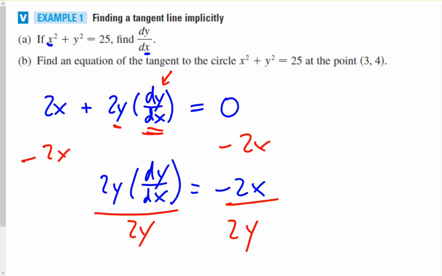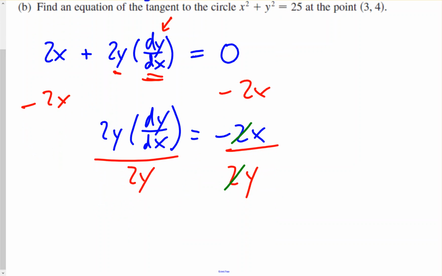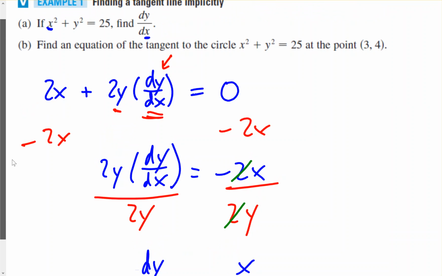When we simplify, we can cross out our 2's. So we have dy dx equals negative x over y.